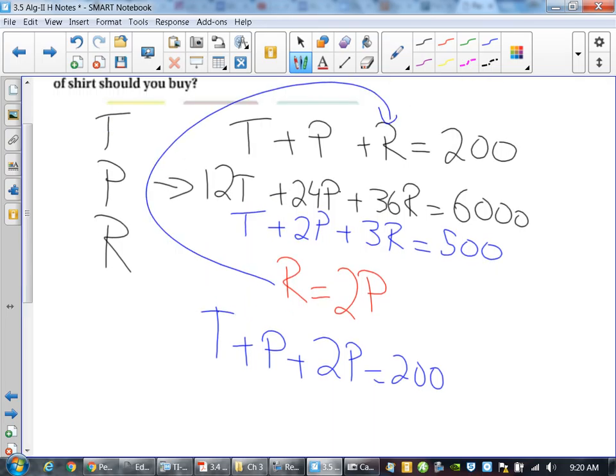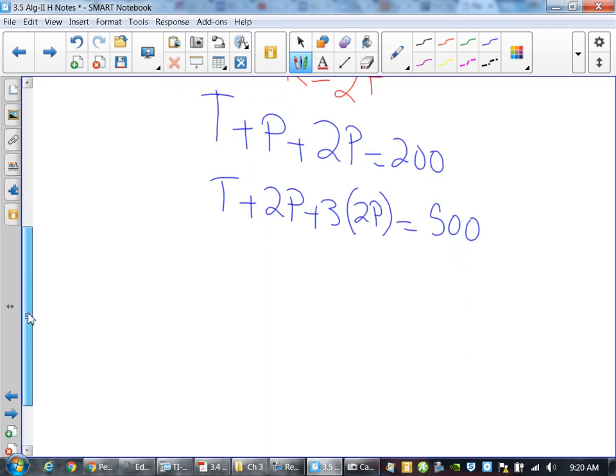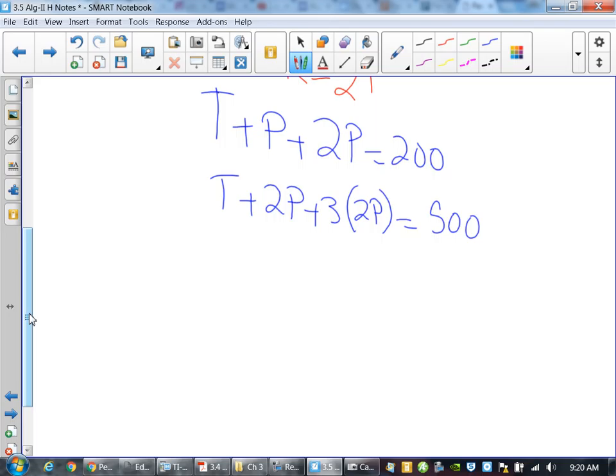And then I have T plus 2P plus 3 times 2P. Now I'm going to rewrite this equation first because it's going to be a larger value of P. So I have T 6.